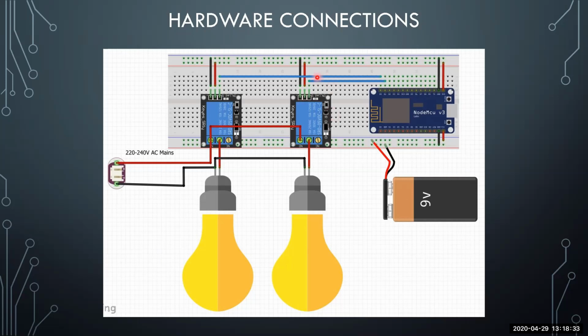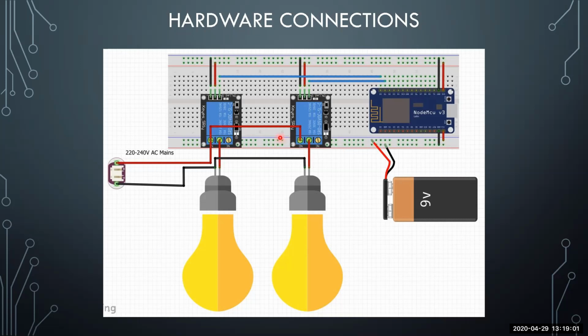One is VCC, one is ground, and one is data pin. Data pin has 1 to connect and 0 to not connect, and the relay on the other side has 3 pins. One is a common pin, one is NC, that is normally closed, and one is NO, that is normally open.